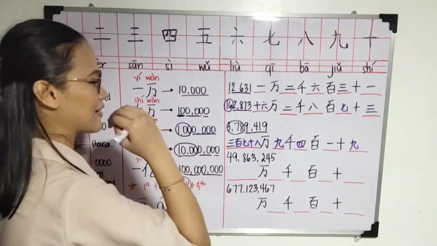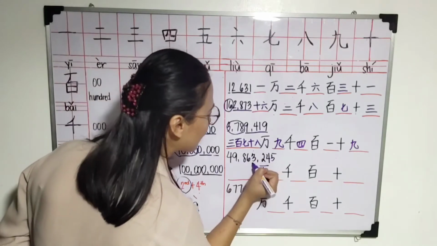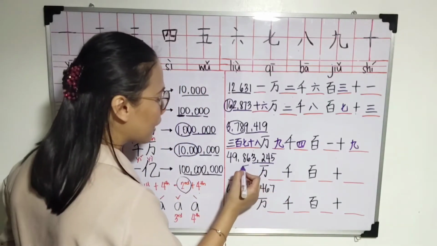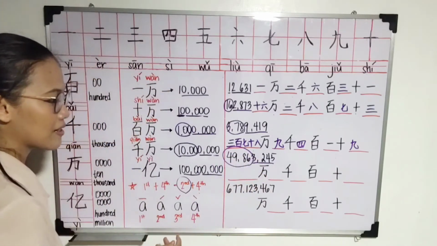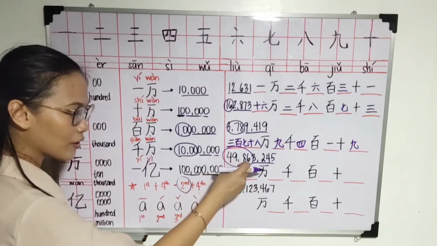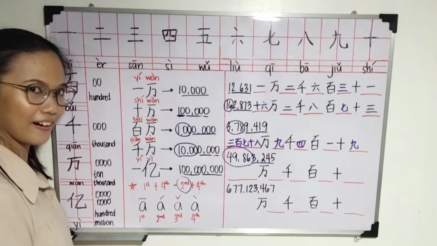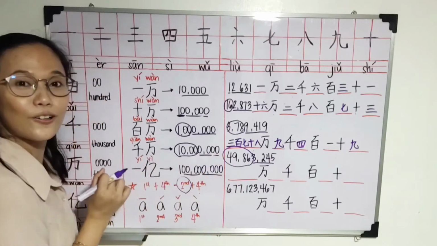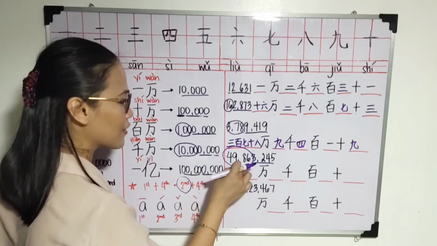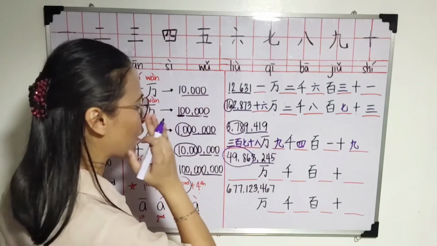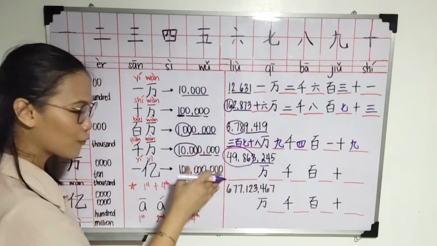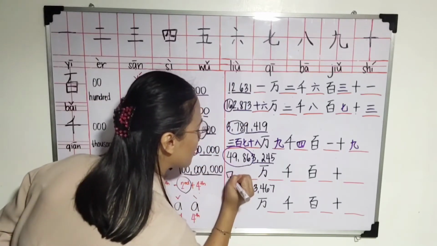Okay? Next. Okay, so as it is ulit, let's remove the 4 decimal places at the back. And then read this one. So it's like 4,986 10,000. Okay? So 4, ayan o, yung 1,000 na 10,000. Right? So 4,986 10,000, then 3,245. So let's read this one as is first. So that's 4.